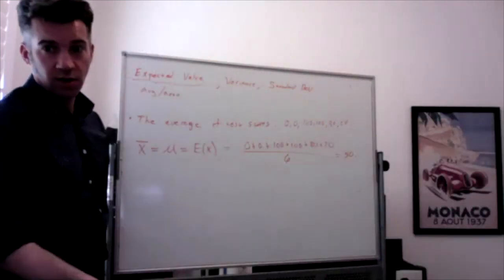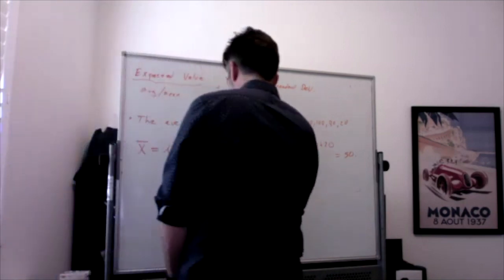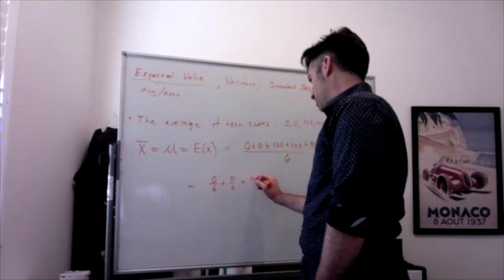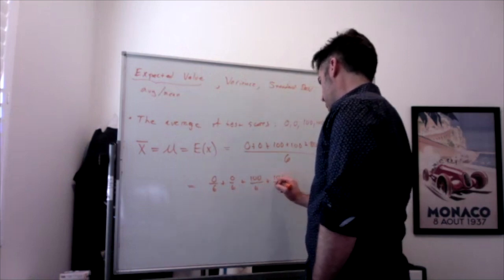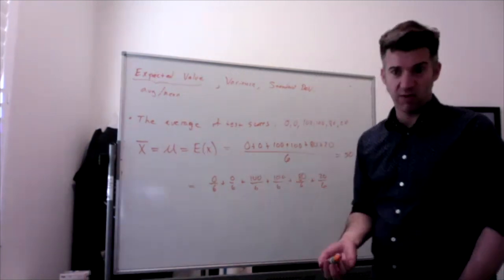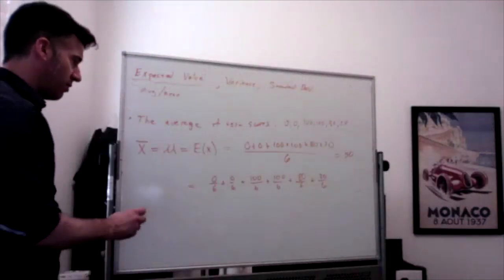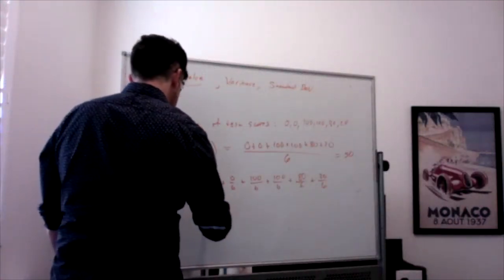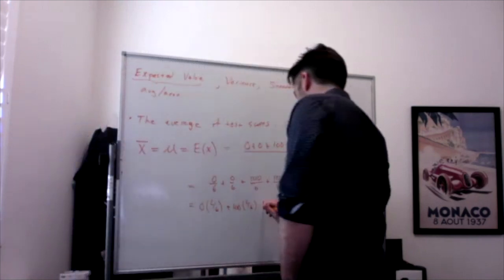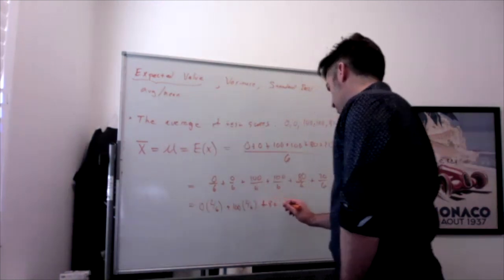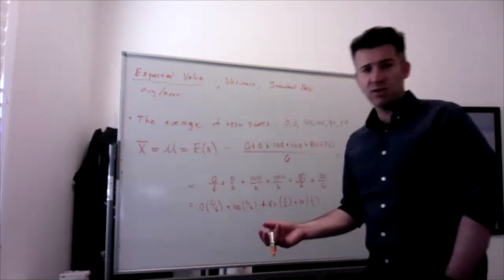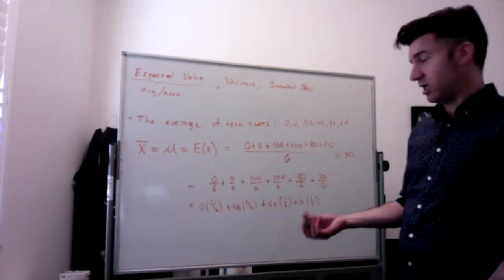More generally, you could also write it like this, which I'm actually going to write as 0 times 2/6 plus 100 times 2/6 plus 80 times 1/6 plus 20 times 1/6. An average is also called a weighted average, because you're essentially taking each score and multiplying it by the probability that it occurs.